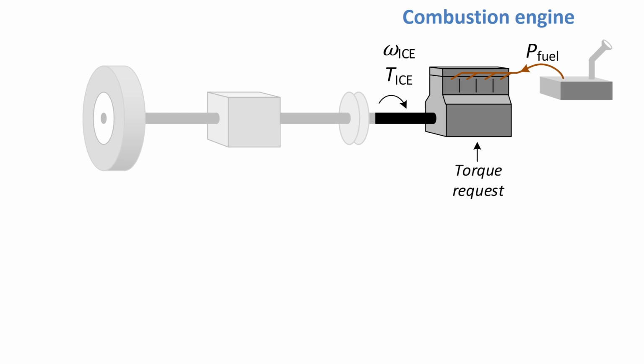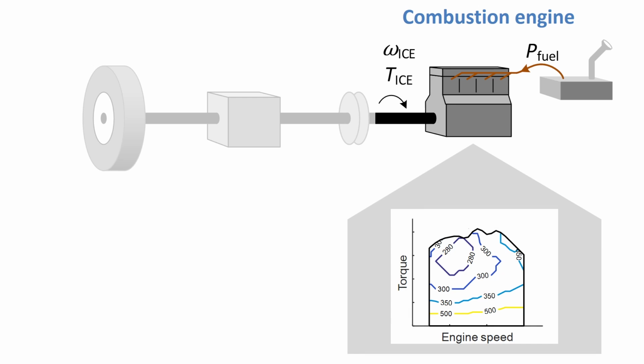Our model of the engine is quasi-static, which means that it does not include effects of transients. The quasi-static model is best summarized as an operating range in a torque speed diagram, limited by minimum speed, maximum speed, and a maximum torque limit. As long as the torque requested by the control system is within these limits, it will be possible for the engine to deliver it.